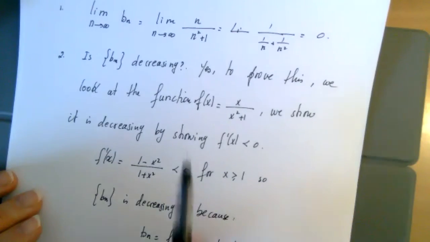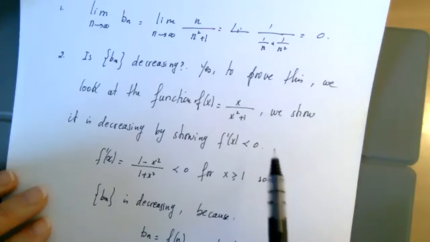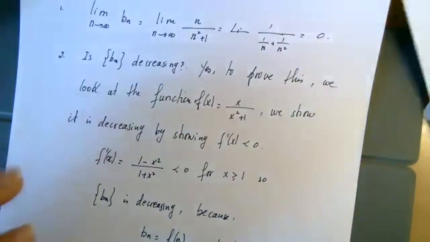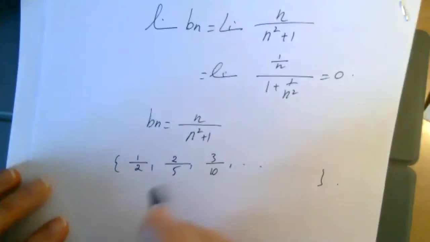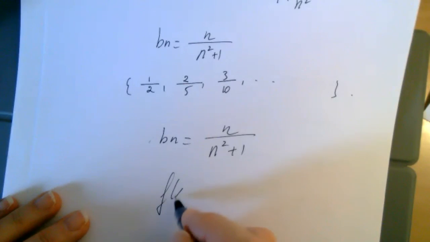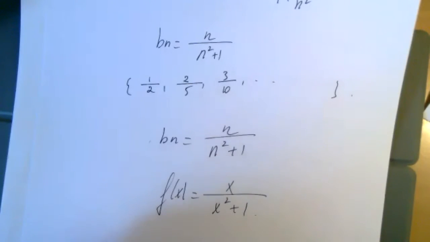We can look at the function x over x squared plus 1, and we show that it is decreasing. So we construct a new function, f of x. Here my Bn is n over n squared plus 1, so I take my function f of x to be x over x squared plus 1.